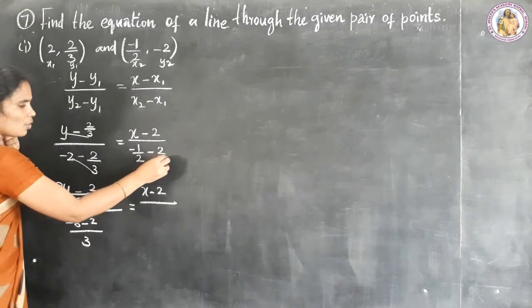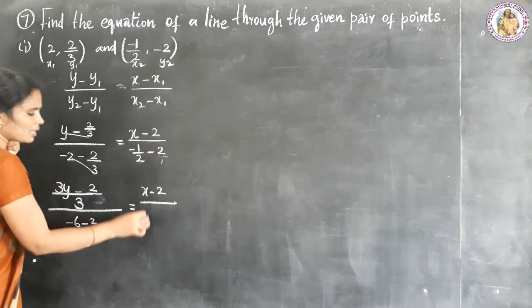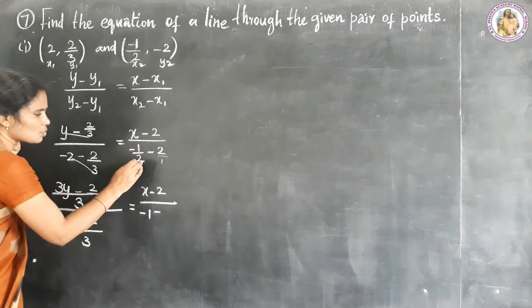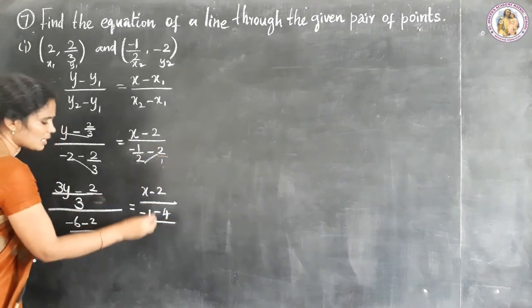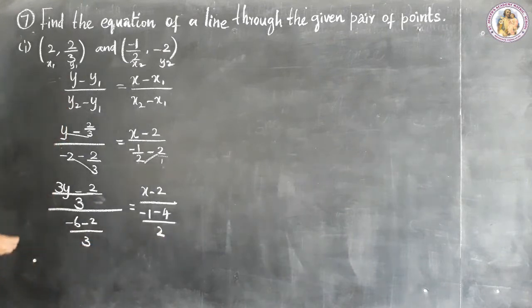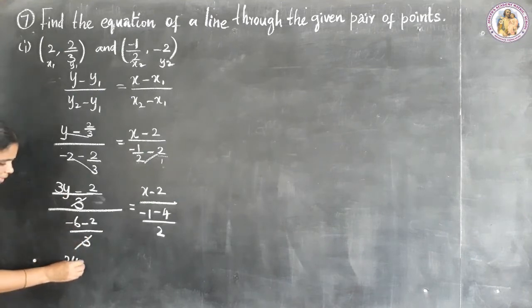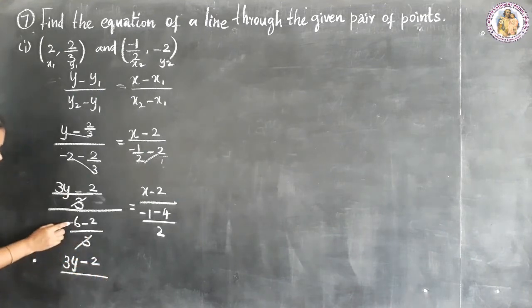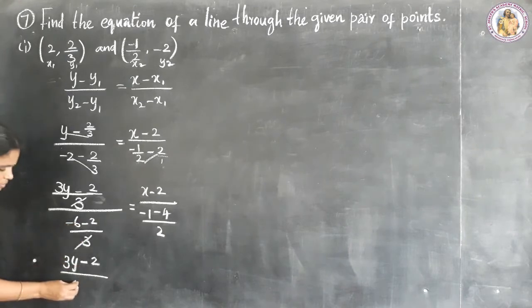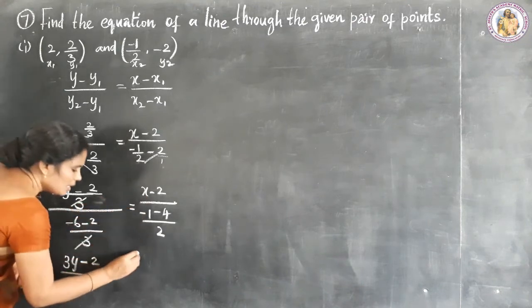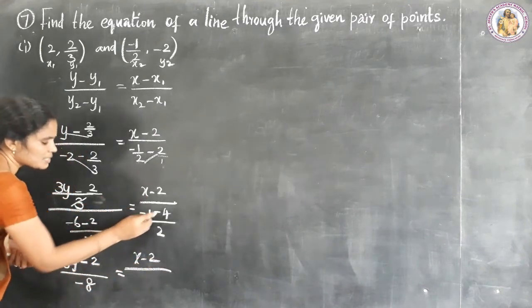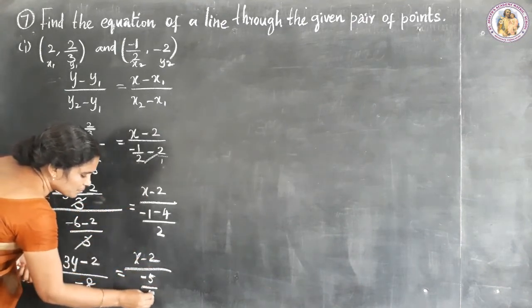So if we go with 1, cross multiply 1 into 1, 1 minus 2 2s are 4, minus 4 divided by 1 2s are 2. In the next step, the denominator 3 cancels. We have 3y minus 2 divided by minus 6 minus 2, same sign add, so minus 8, is equal to x minus 2 divided by, same sign add, minus 5 by 2.